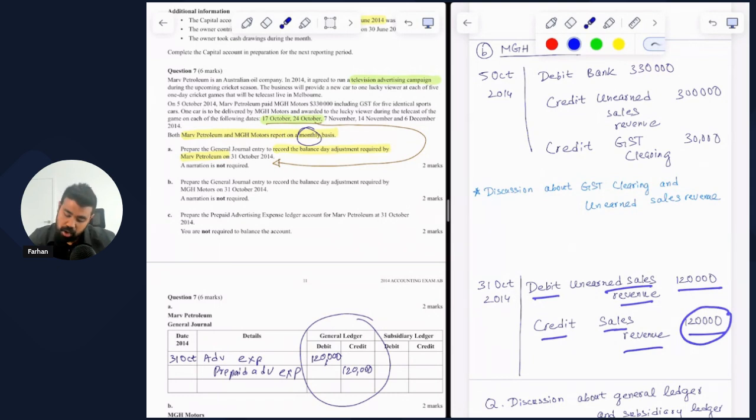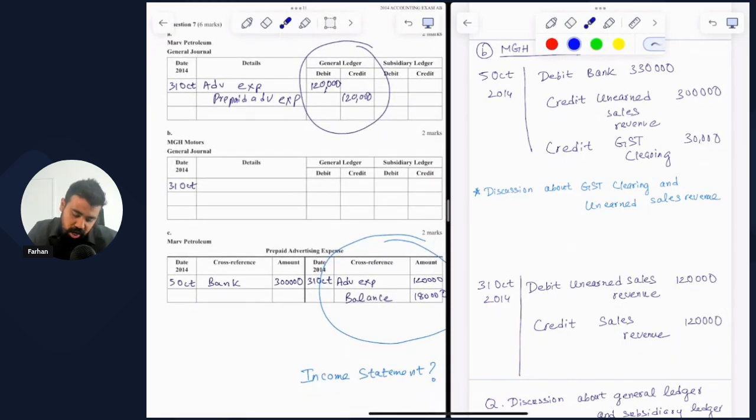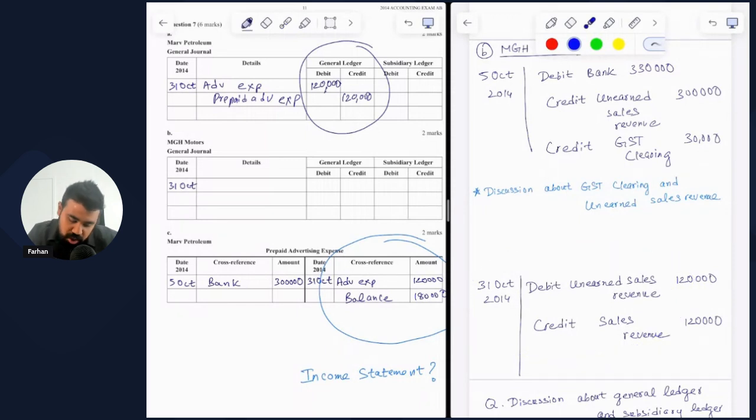Okay, so let's see what's going on for the working space that we are given. So for MGH Motors, again, we have no accounts payable, no accounts receivable involved in this balance day adjustment that we are doing. So therefore, we do not have to record anything within the subsidiary ledger columns. So just simply record this within the general ledger column.